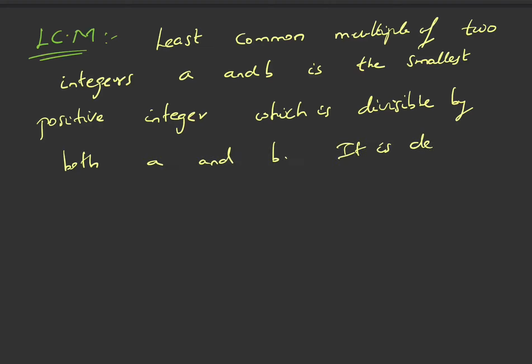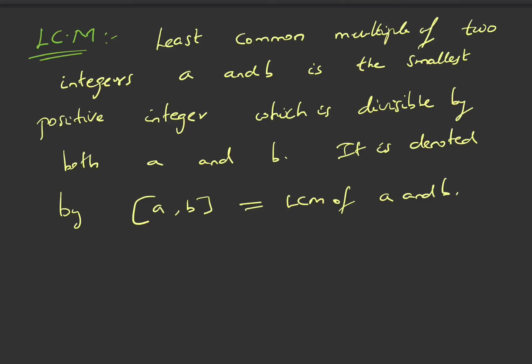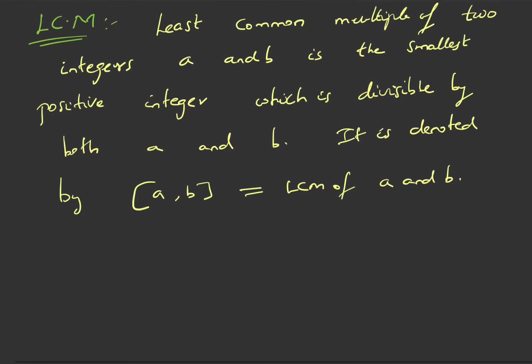It is denoted in this way, square brackets A comma B. So this is nothing but LCM of A and B. The name itself is very clear. It is nothing but the least common multiple.